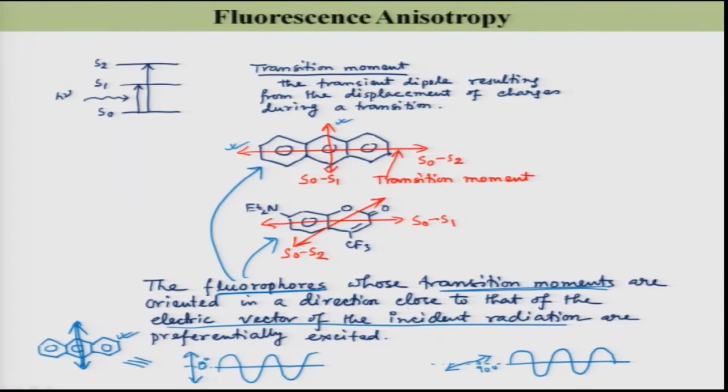The fluorophores whose transition moments are oriented in a direction close to that of the electric vector of the incident radiation are excited. So, here the orientation of the transition moment is close to the electric vector of the incoming light. This is my excitation light source.